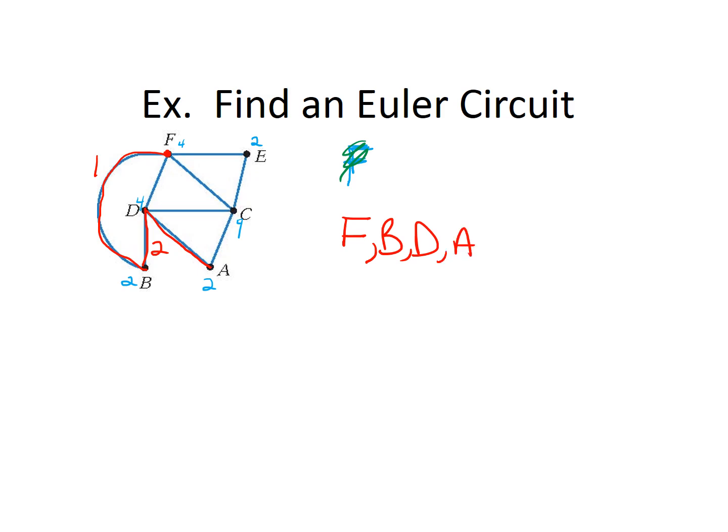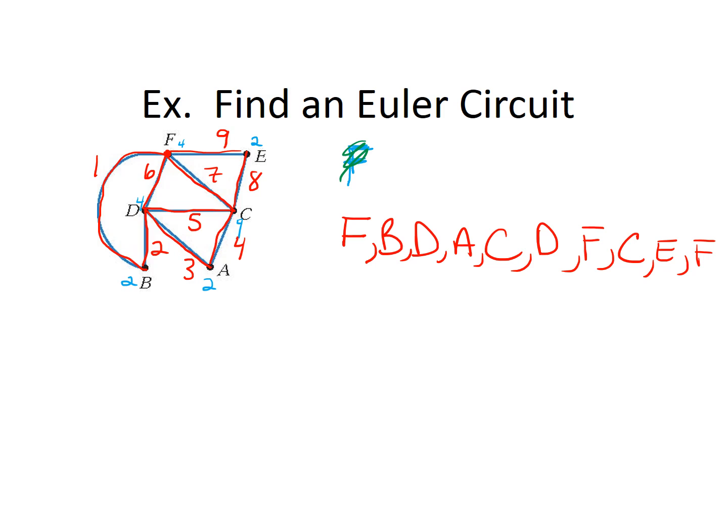Let's go to A, C, D, F. Again, we're ending at F, C, E, and back to F. See, we don't even need an algorithm. 1, 2, 3, 4, 5, 6, 7, 8, 9. So again, maybe just start at a vertex that has a higher degree. That's kind of what I do.